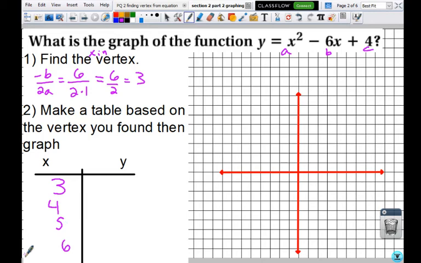We're going to make a table just like we did a couple days ago. Except last time we went 0, 1, 2, 3. This time, because the x of my vertex is 3, that's where my table starts. And then I'm just going to count up: 3, 4, 5, 6. So this first place we're going to start is going to change today, but the way we're going to set it up is basically exactly like we did before.